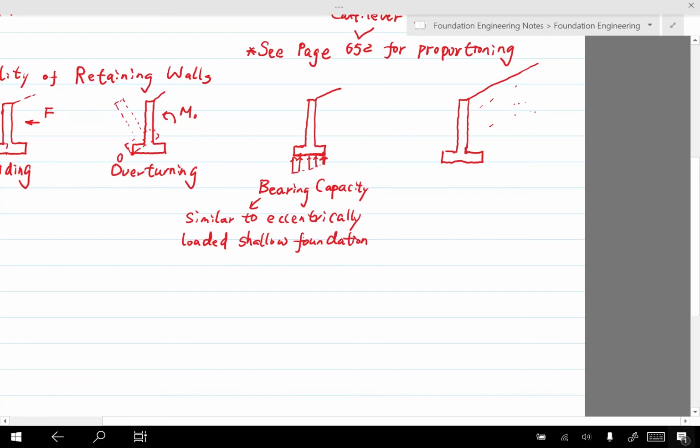So if that happens, we may have a slip surface like this. And this type of failure is called a deep shear failure. And it's the one for slope stability.